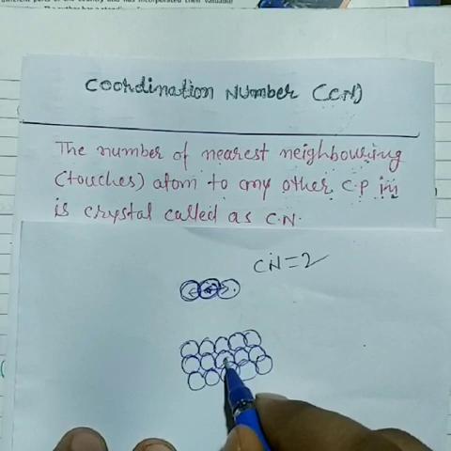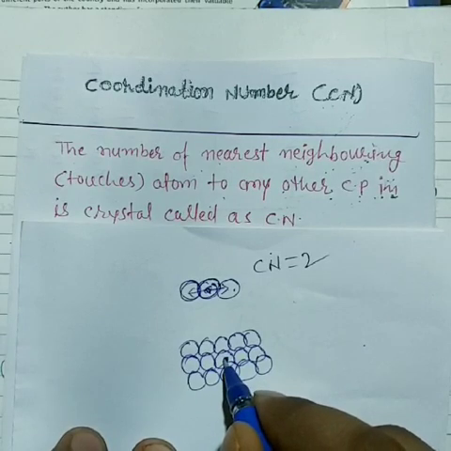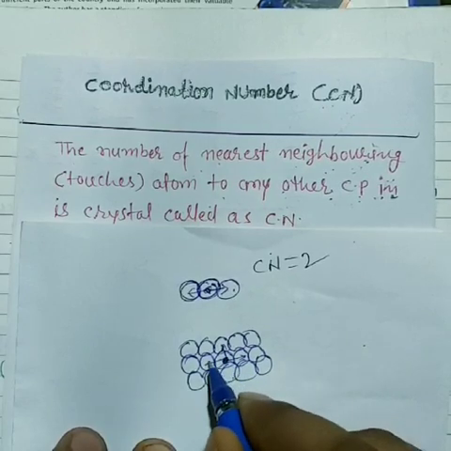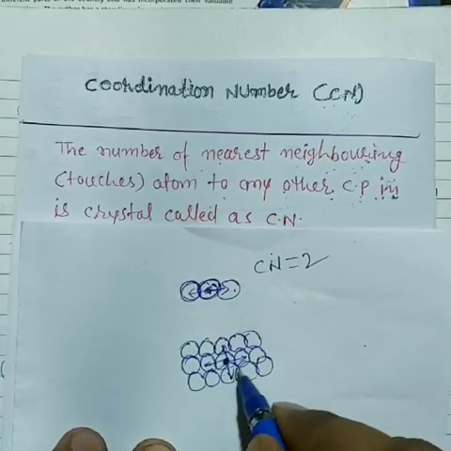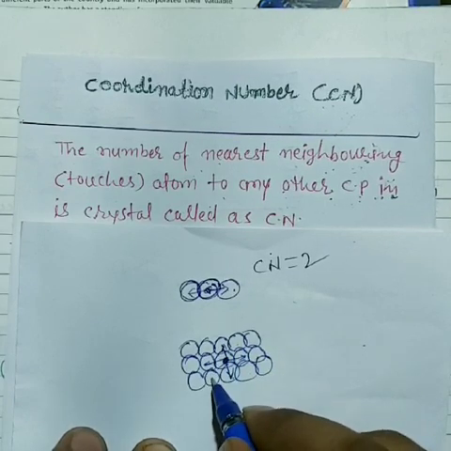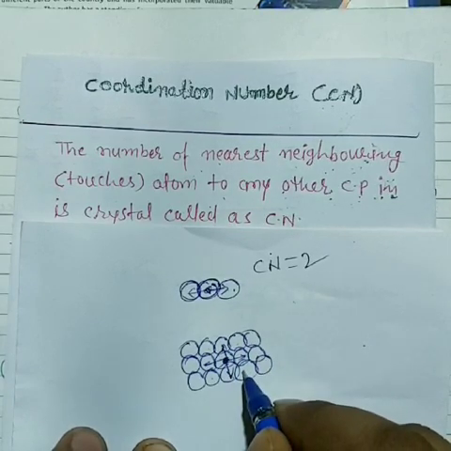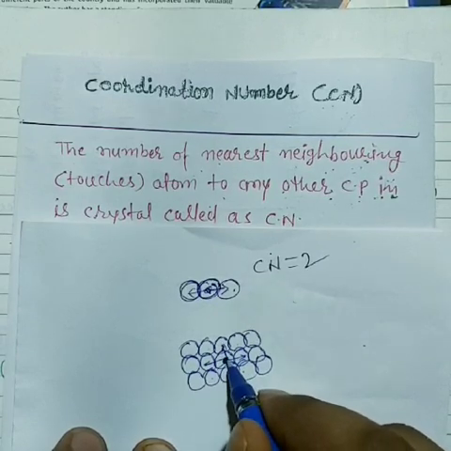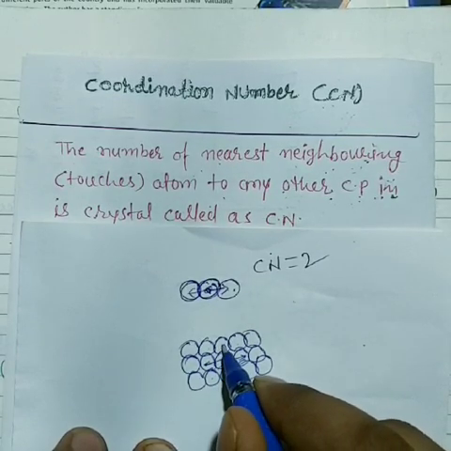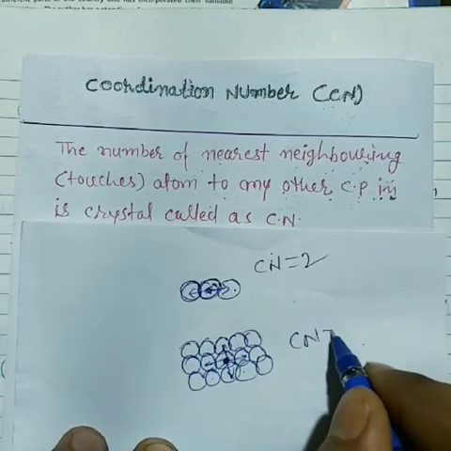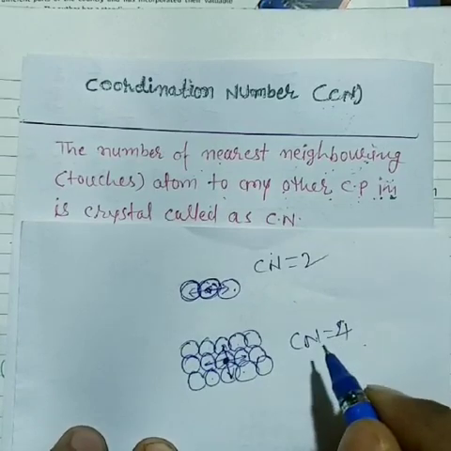If I take this atom or sphere, how many atoms does it touch? 4. These atoms do not touch this atom. So how many touching atoms are there? 1, 2, 3, 4. So the coordination number is 4.